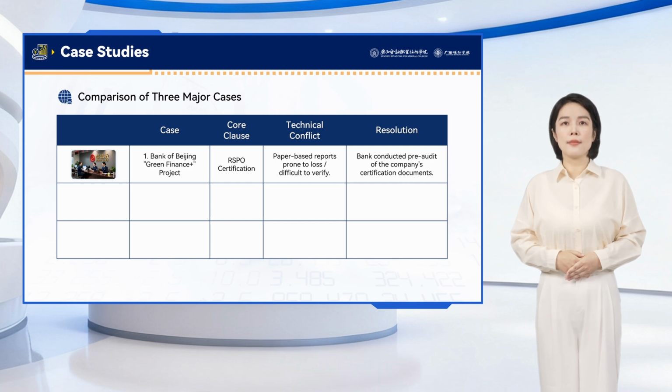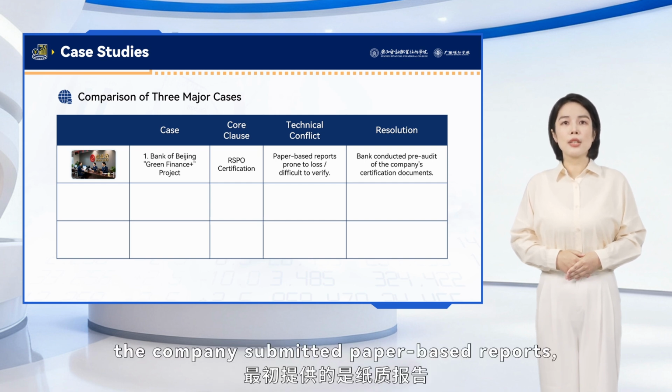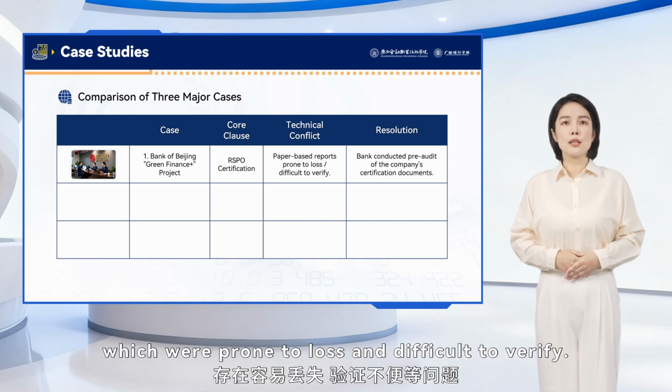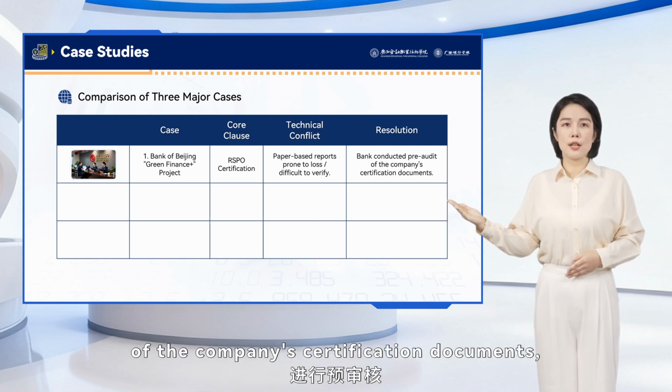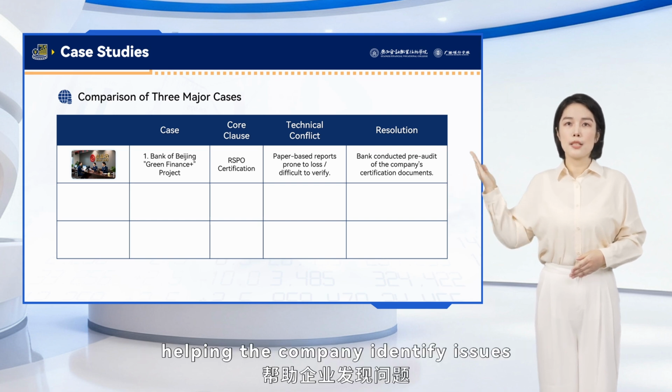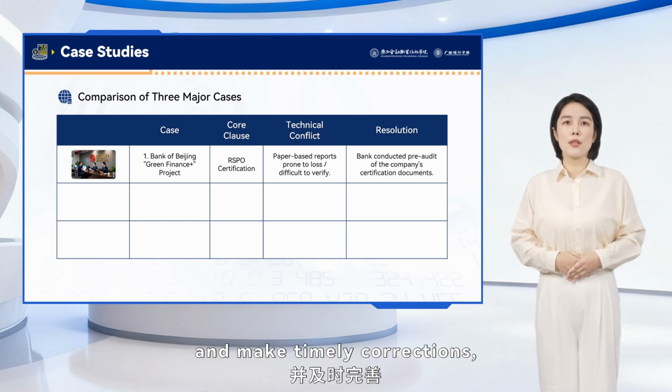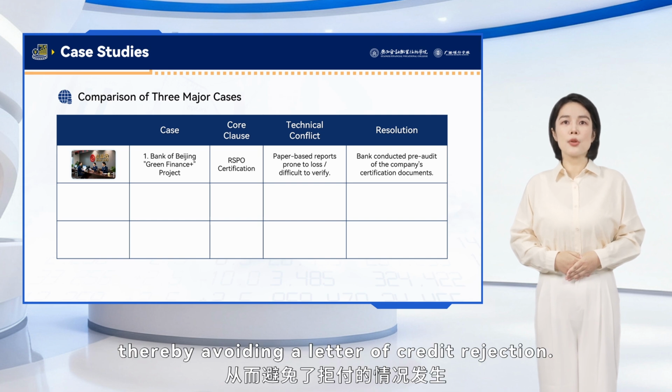Technical conflict: Initially, the company submitted paper-based reports which were prone to loss and difficult to verify. Resolution: The bank conducted a pre-audit of the company's certification documents, helping the company identify issues and make timely corrections, thereby avoiding a letter of credit rejection.